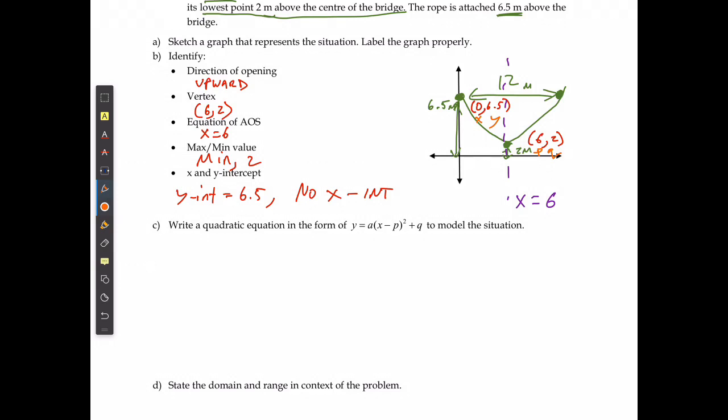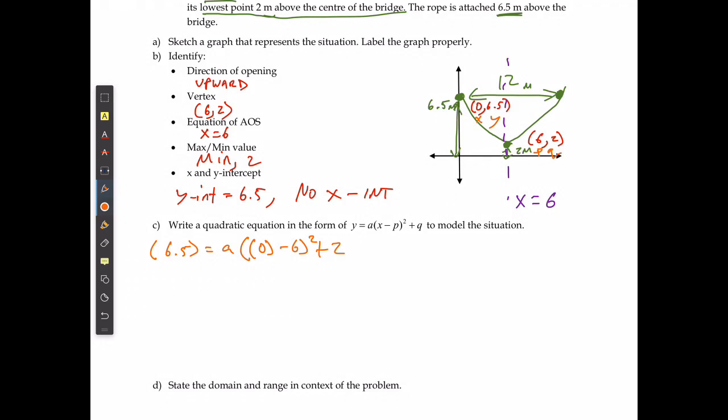So I can say that 6.5 is equal to a(0 − 6)² + 2.